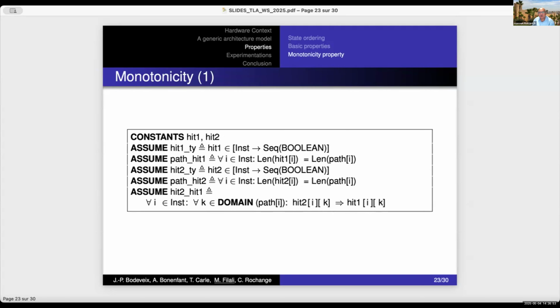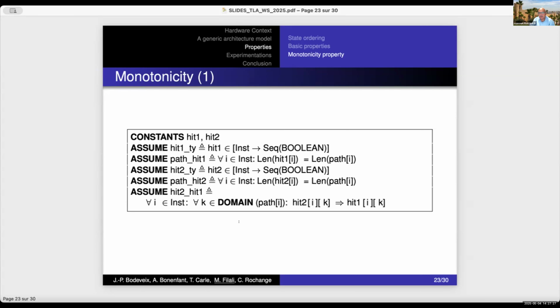Last, with respect to monotonicity, the basic idea is that if we have instructions in the pipeline that make more hits than instructions in another pipeline, then in fact the second pipeline should be more advanced, according to the order we have given, than the first pipeline.